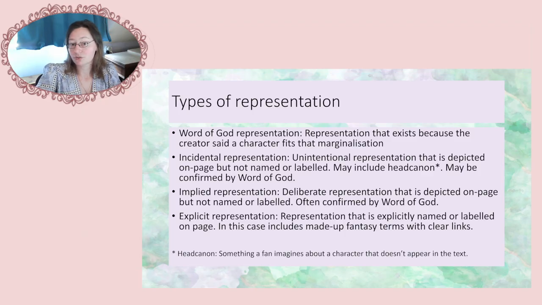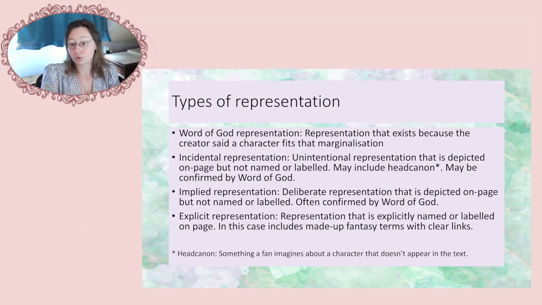And one of the ways we can kind of sort of tell incidental and implied representation apart is by looking at the marketing. Because implied representation is very often included in the marketing. So, for example, A Promise Broken has an Arrow Ace main character, the Dragonist.